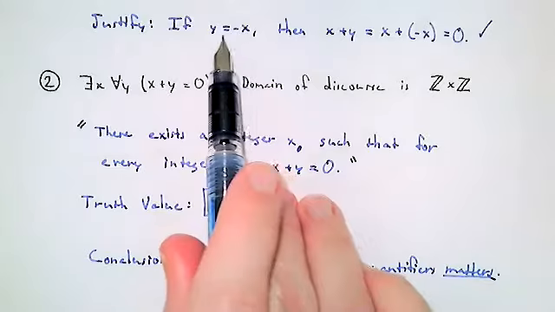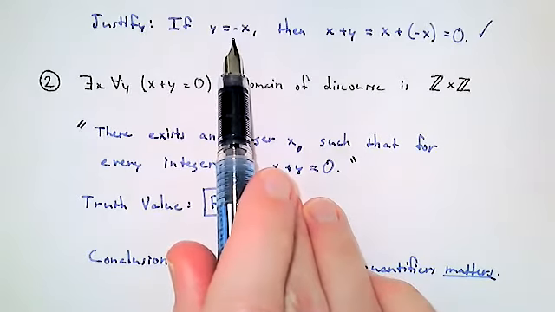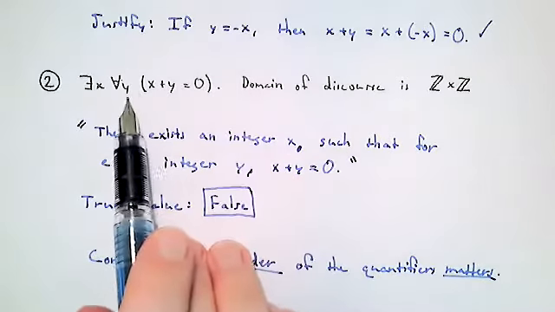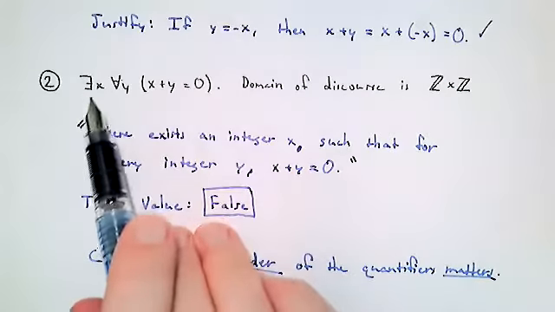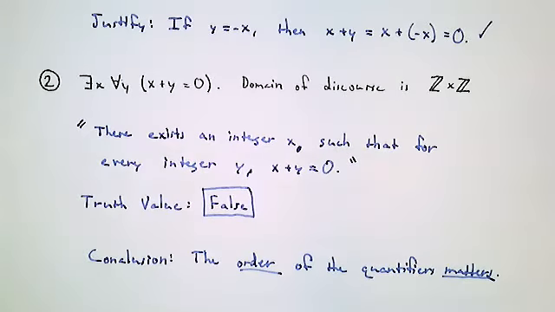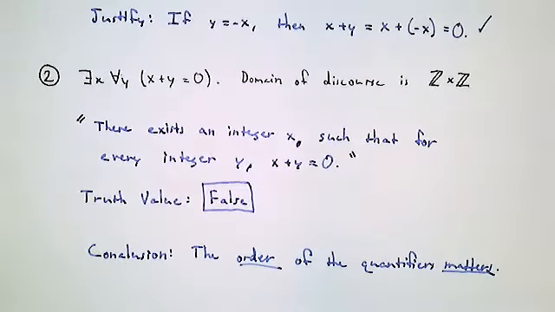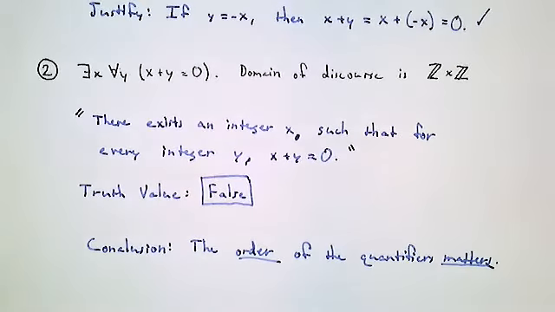And that was this one, y equals minus x. So if we have different y values, we're going to have different x values as well. Does that make sense? Yeah, that makes sense now. Okay, good.